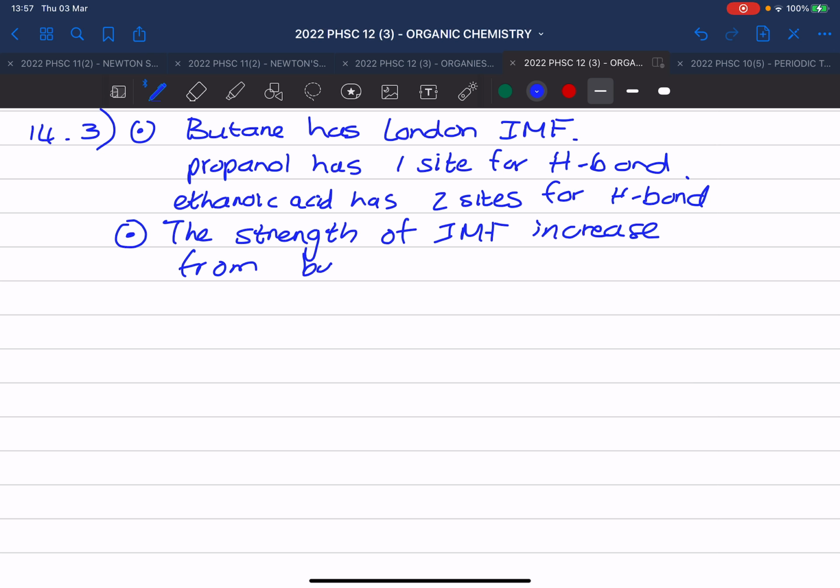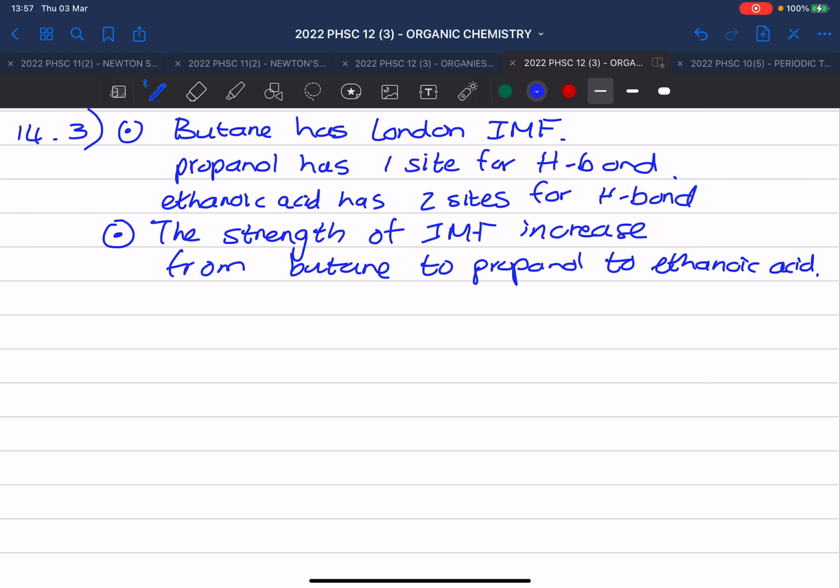Sorry, something that I forgot to do, or we could have made it easier. Instead of saying butane, propanol, ethanoic acid, you could have just written A, B, C. Strength increases from A to B to C. You could have used that as well.